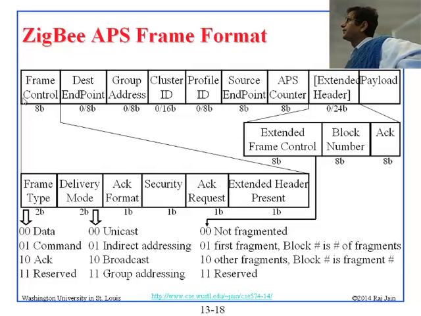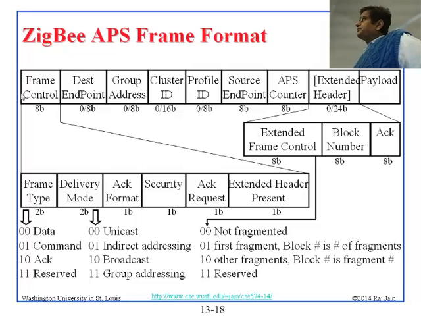That is command. Delivery mode is unicast, indirect, broadcast, and group addressing. Okay, so we'll talk about indirect in a minute, but unicast, broadcast, and group addressing should be clear. Group addressing is a special case of broadcast. Actually, group addressing is multicast.